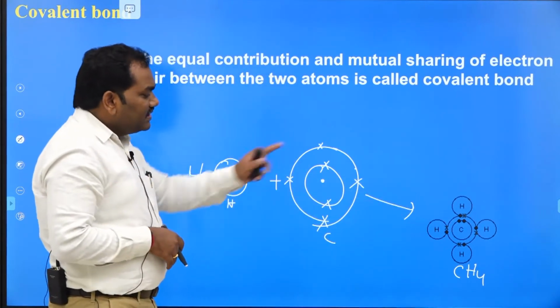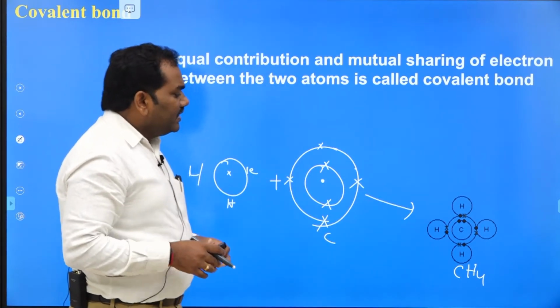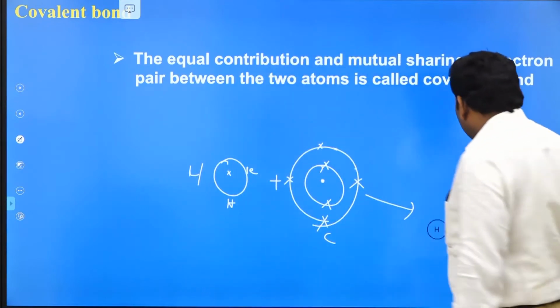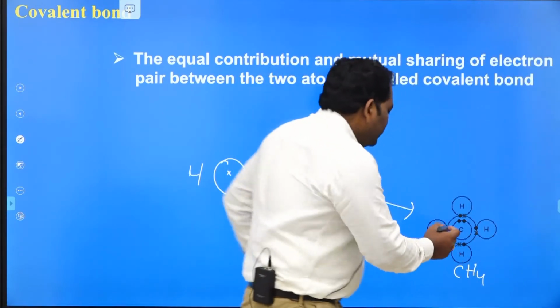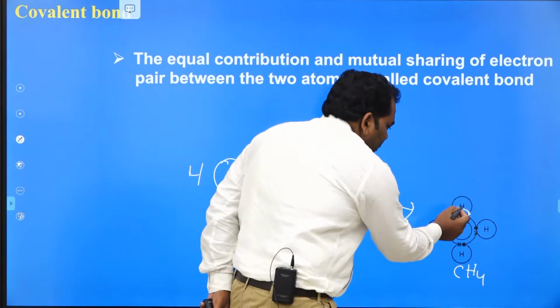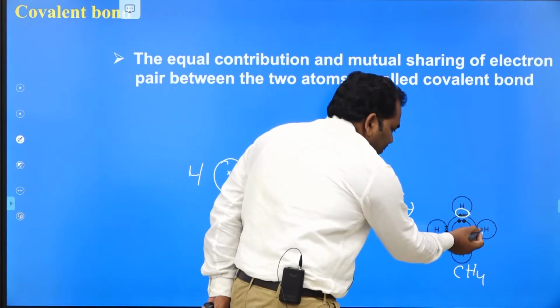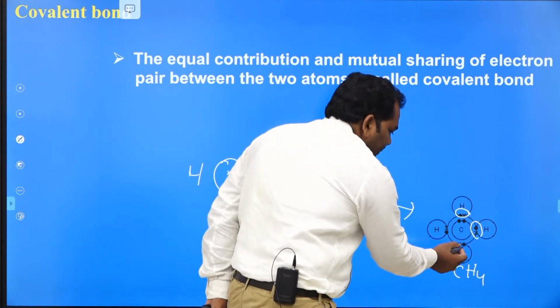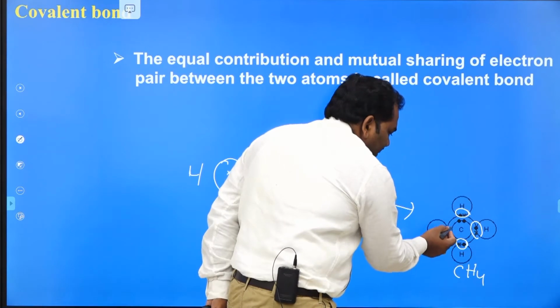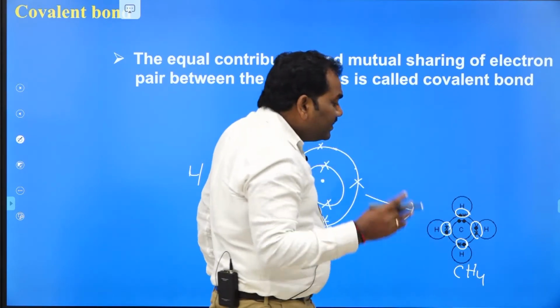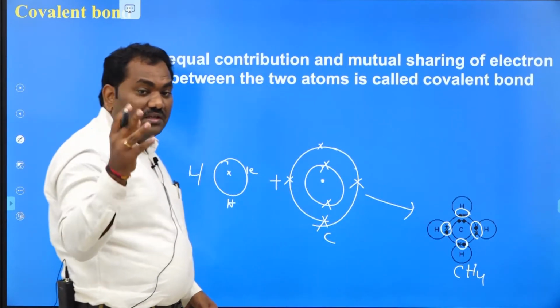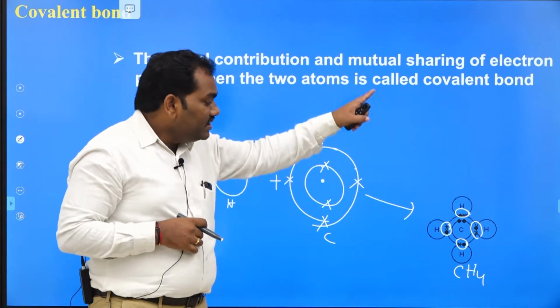In that CH4 molecule, these 2 electrons are shared by the carbon and hydrogen, these 2 electrons are shared by this hydrogen and this carbon. Similarly, these 2 electrons also. Totally 4 pairs of electrons are present in the outermost orbit of the carbon.